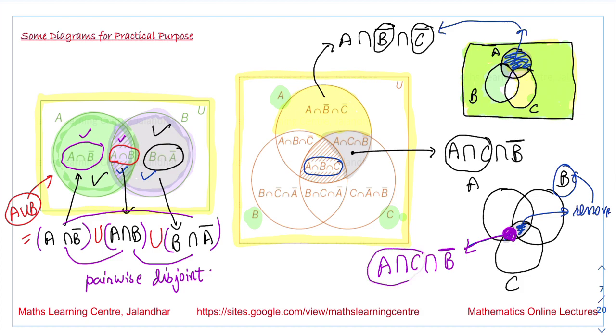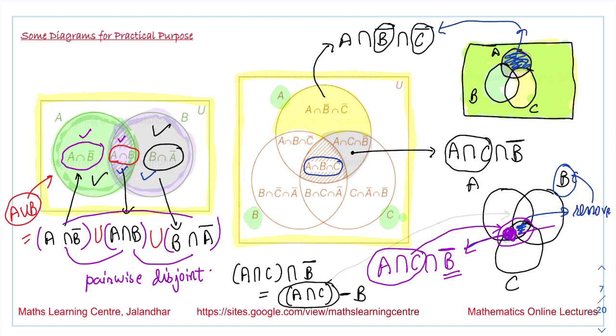It contains the elements of A intersection C, the whole region, and out of this we have removed the elements of B. This becomes clearer if we relate it to this term: A intersection C intersection B complement means A intersection C minus B. From A intersection C we have removed the elements which are common with B, so we are left with this portion. So we have A intersection C intersection B bar.